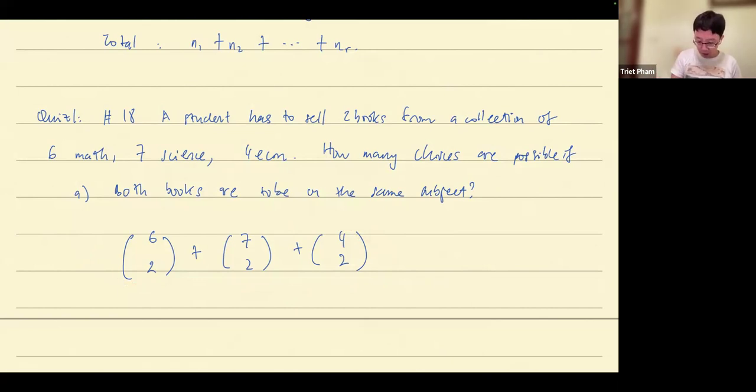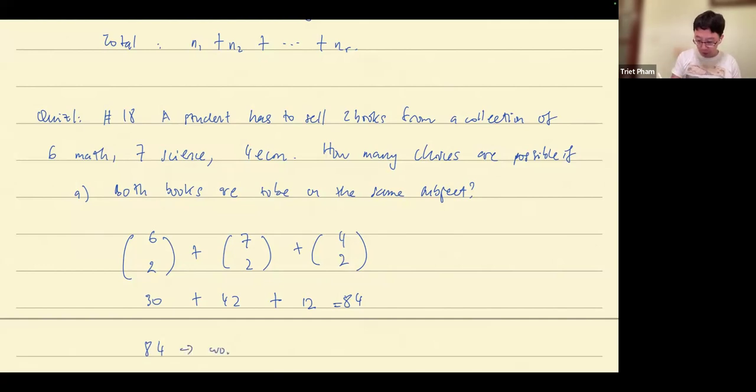Let's say the answer is, what was it, 6 times 5 is 30, 7 times 6 is 42, 4 times 3 is 12. If I'm not mistaken, the total answer here is 84. Whatever, the worst answer would be just 84.